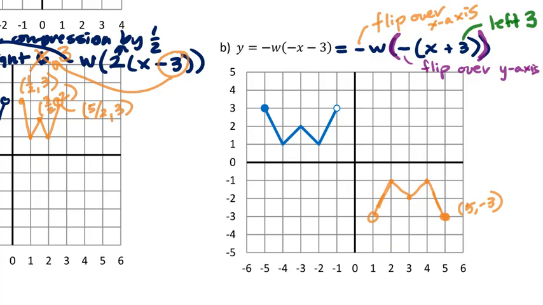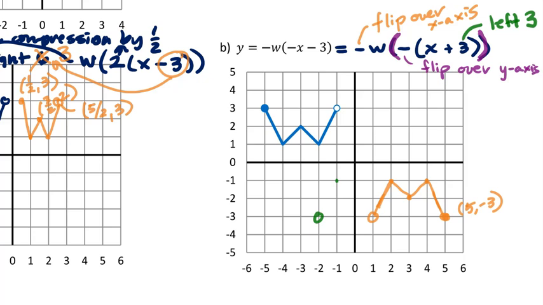I'm not done though. I do have one more transformation. I need to now move all these points to the left 3. So my open circle will land at -2, -3. The next point over was at 2, -1, so it will land at -1, -1.